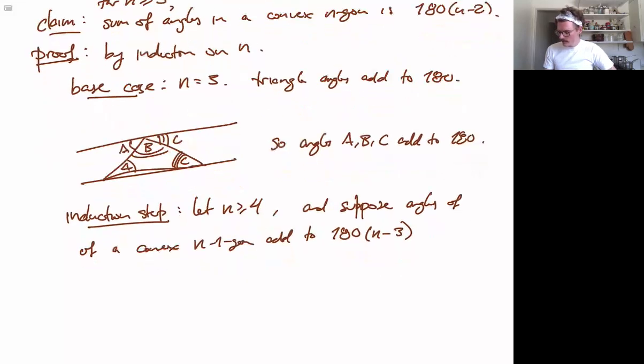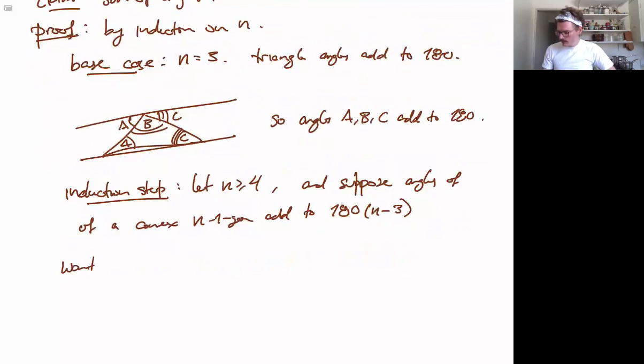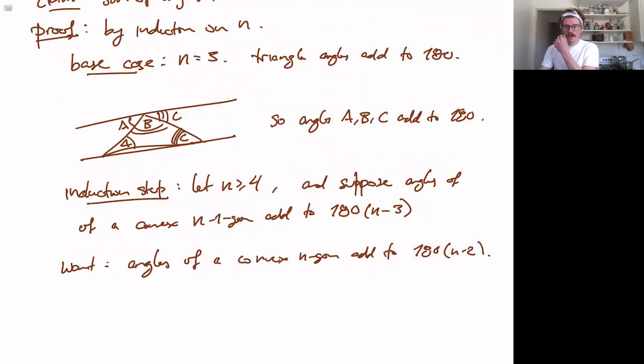And we want the angles of a convex n-gon to add to 180 times n-2. So how are we going to do this? Similar to the last time, the idea is to take the case n, and somehow reduce it to a little bit extra from the case n-1.